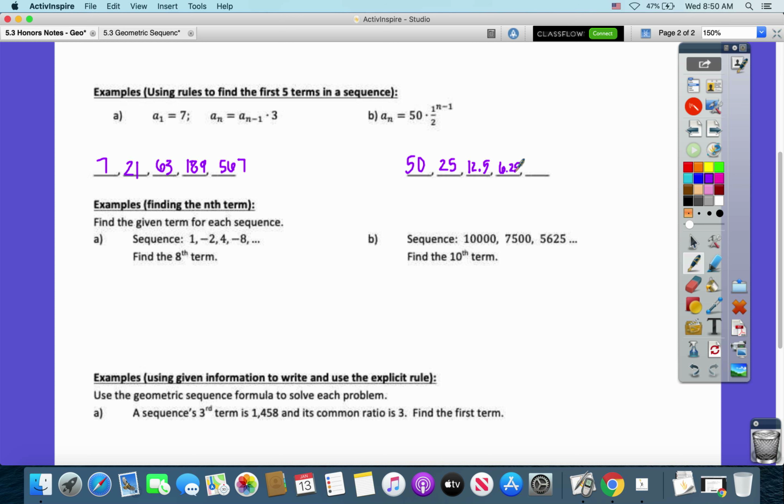And then 6.25 times 1/2 would be 3.125. Okay, so we're just following the pattern there.